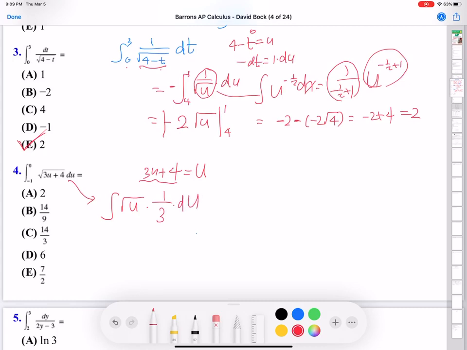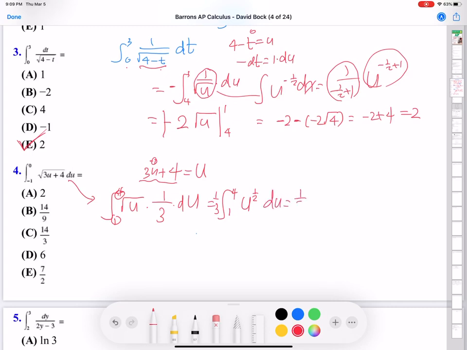And then you have to change these two numbers to large U values. If small u is negative 1, large U is 1. If small u is 0, large U is 4. So integral from 1 to 4, 1/3 is just a coefficient, right? Then U to the 1 over 2 power. Square root of U means U to the 1/2 power dU, right?